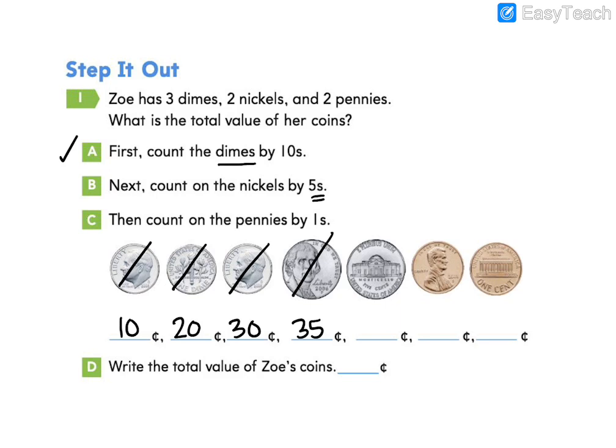There's another nickel, so I do another 5, 40. Right, my nickels are all done, so now I'll count up with my pennies. 41 and 42. I've counted all of my coins. The total value of Zoe's coins is 42 cents.